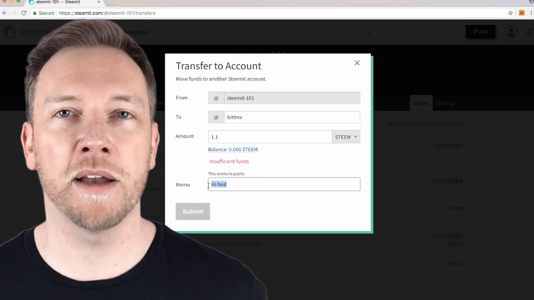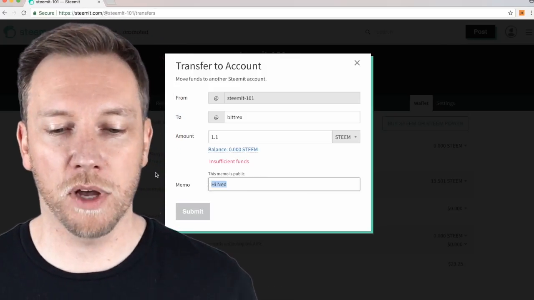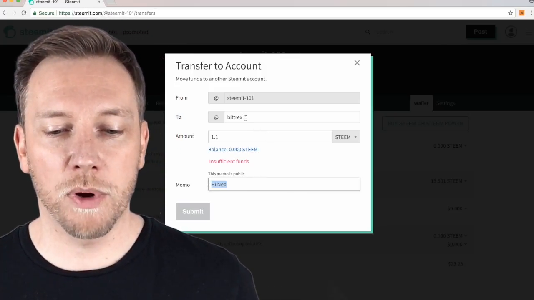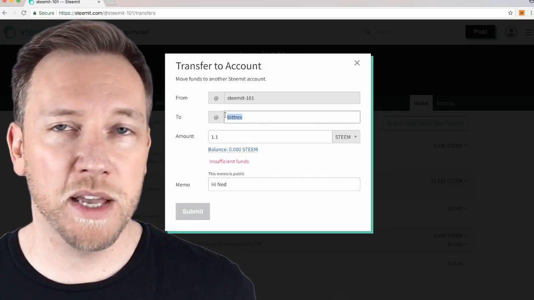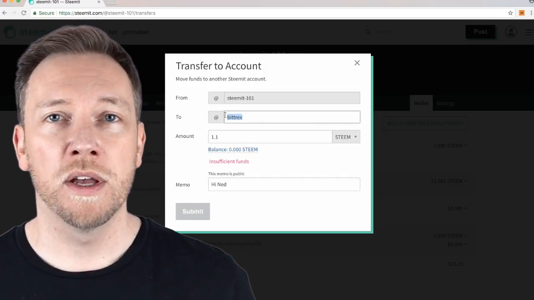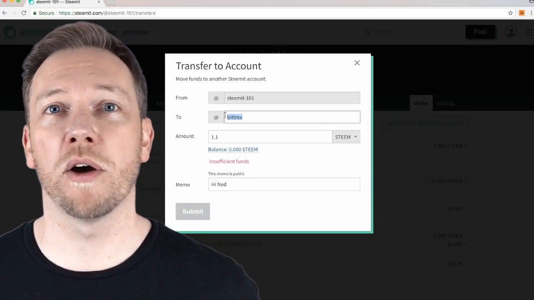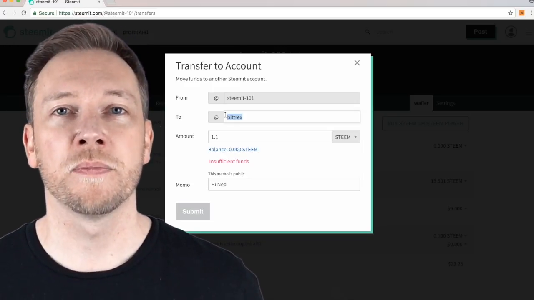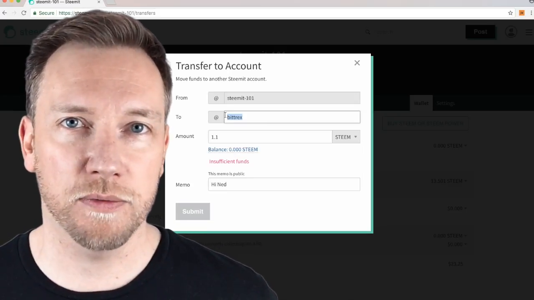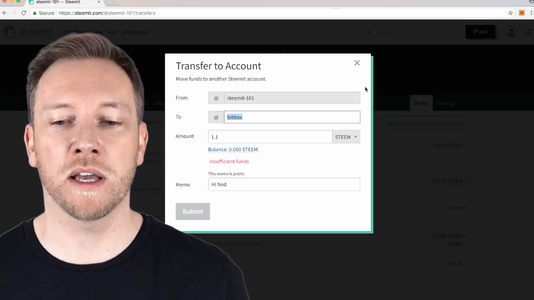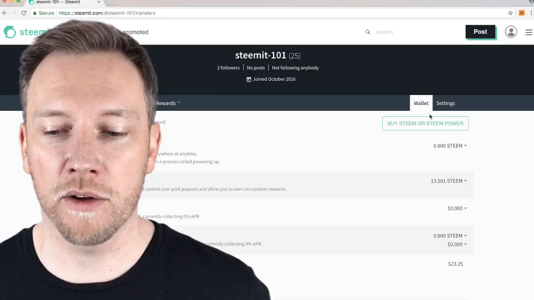You don't have to worry about that. We'll talk about that in another tutorial. But basically, Steem is amazing. It allows you to transfer to anybody else almost instantaneously, between about 1.5 to 3 seconds, and there are absolutely no transaction fees. So it really is an amazing way to send value around.